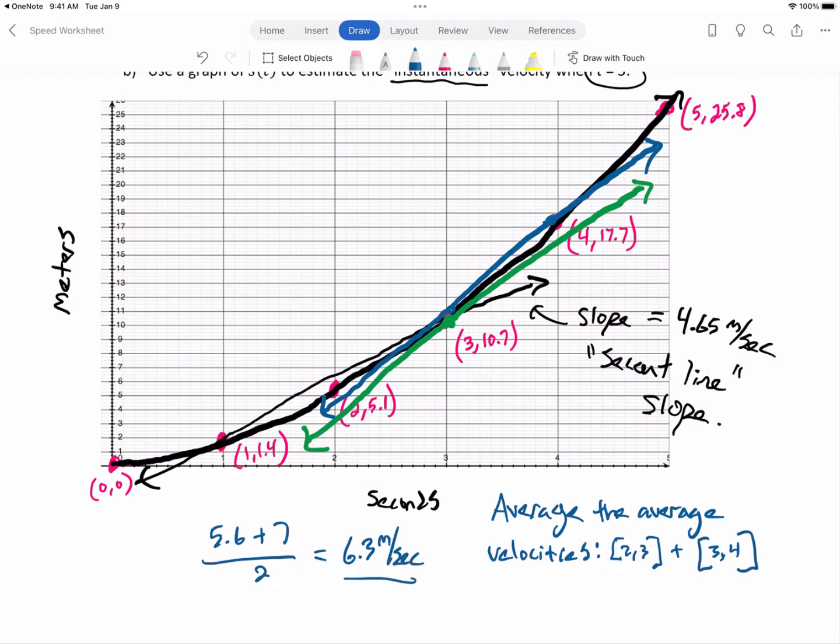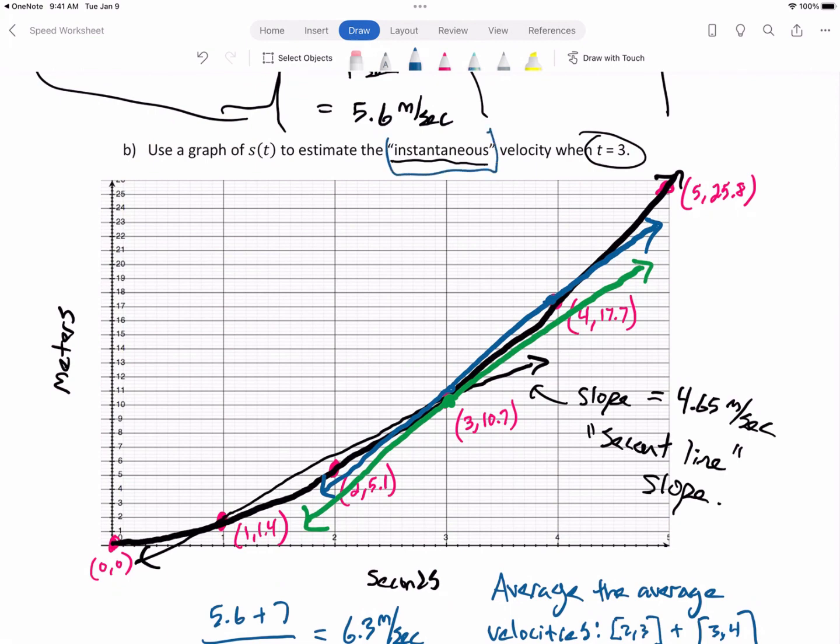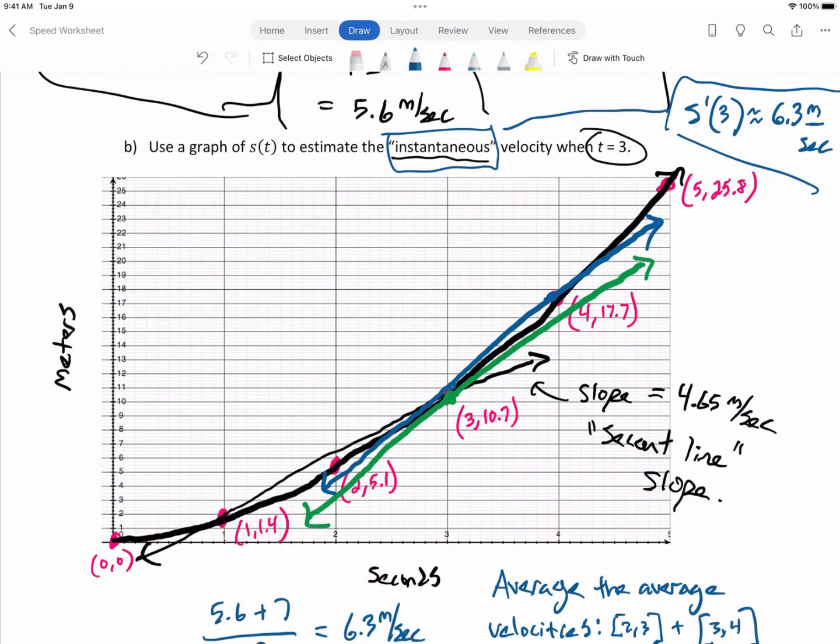So in averaging, we get 6.3 meters per second, and that answers the instantaneous rate of change. We use this new symbolism, S prime of 3. S prime of 3 means instantaneous rate of change at 3. And we conclude it is 6.3 meters per second.